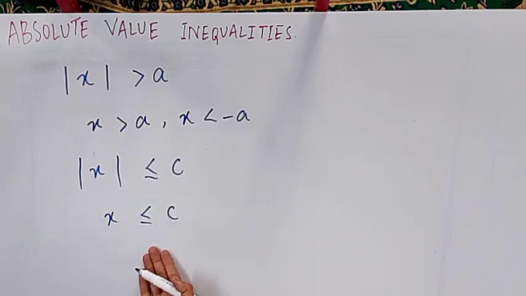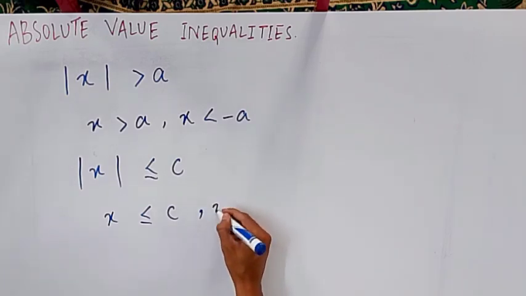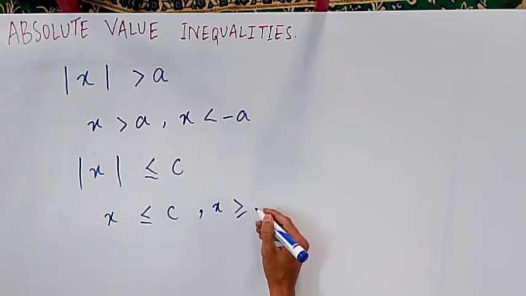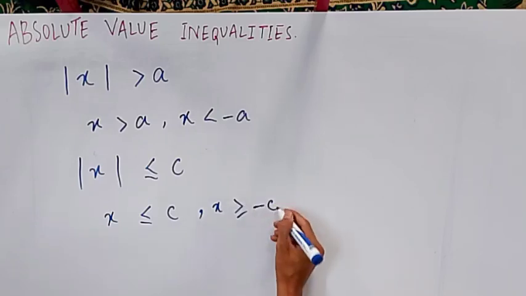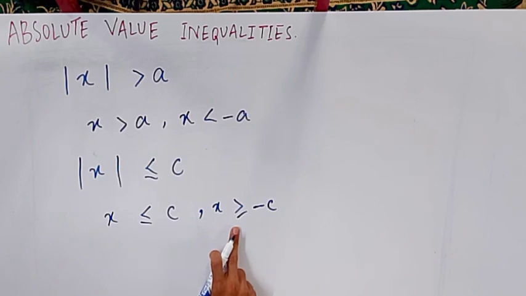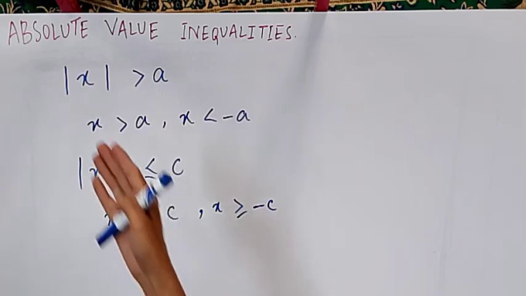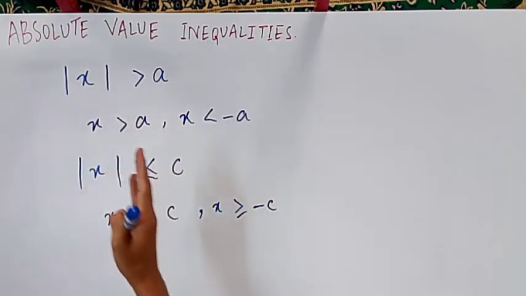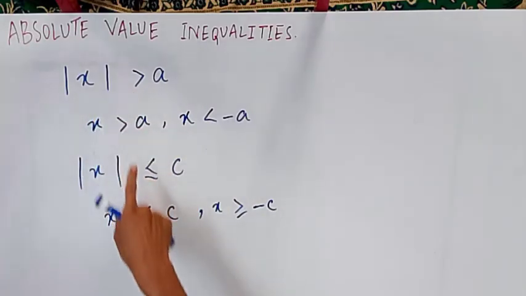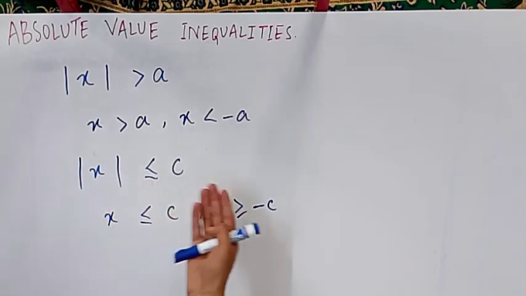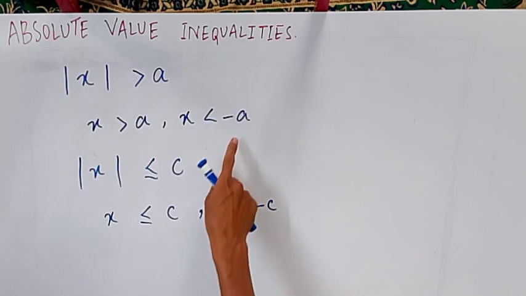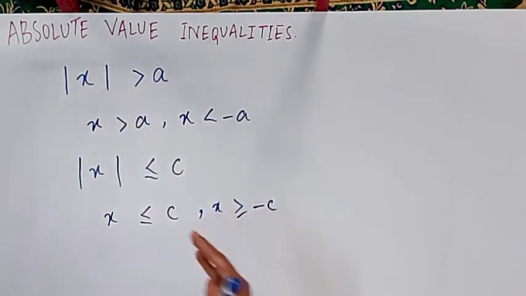It could be less than only as well, but I have taken less than or equal to, and you will write greater than or equal to when you write minus c, so you will switch this sign. Remember this. So these are generally the rules for how to open your absolute inequality: with positive you take the same symbol which is in the inequality, and with negative, as absolute is opened with plus as well as minus, you reverse the inequality symbol.